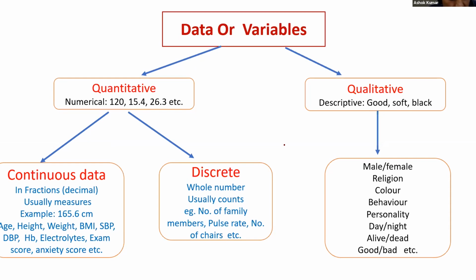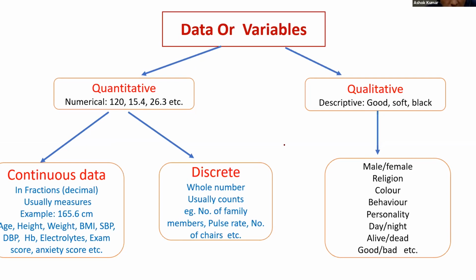So systolic and diastolic BP, even if they don't have decimals, are continuous data. Exceptions are in everything, so you can take these as exceptions, but we have to take systolic BP and diastolic BP as continuous data. You have to remember.